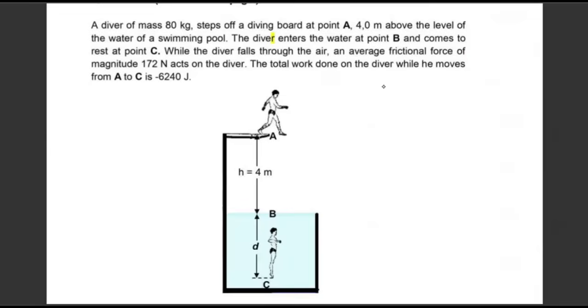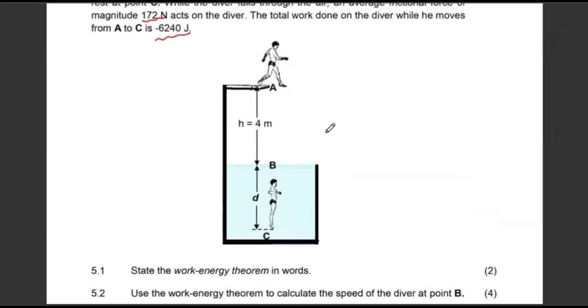Then the diver enters the water at point B and comes to rest at point C. While this guy is falling through the air, the average frictional force of 172 newtons acts on the diver, and then the total work done on the diver while he moves from A to C is that much. Then we have the picture.